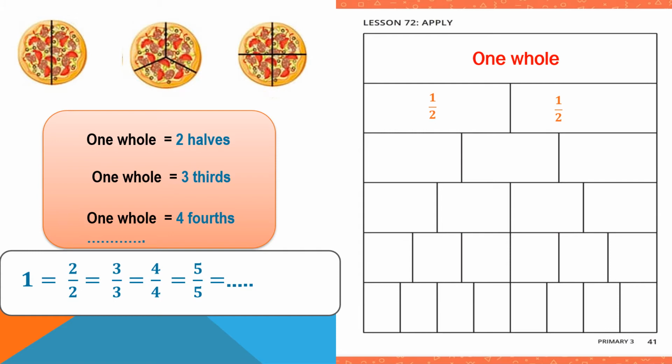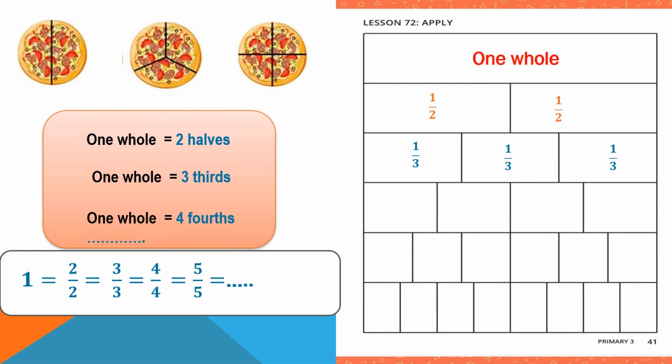And we know that we can write half as 1 over 2. Okay? This bar is divided into three equal parts. 1, 2, 3. So each part is called third. 1 over 3. Third, third, third. So the one whole contains 3/3.